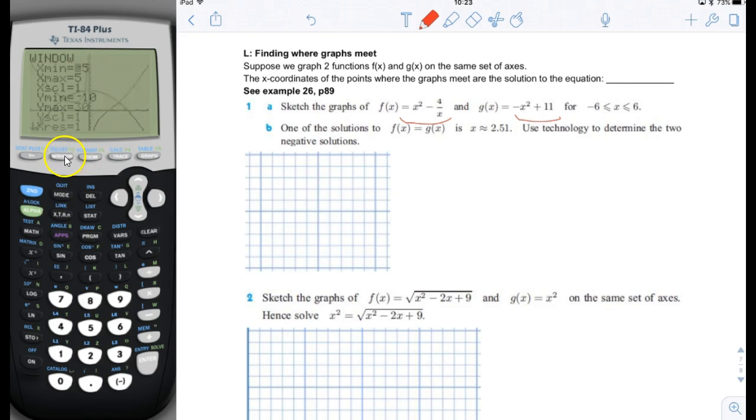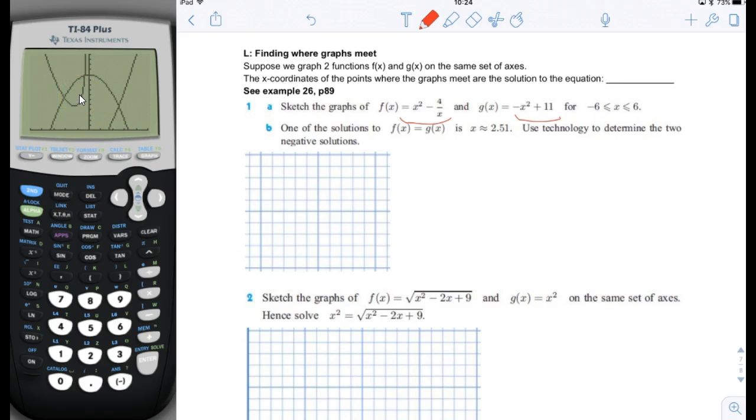So let me redo the window so that the sides are negative 5 and 5, and the y min would be 0 because we don't really care about the bottom part. And then we'll put about 15 here. Let's see what that looks like. Okay, so that's most of the interesting parts.